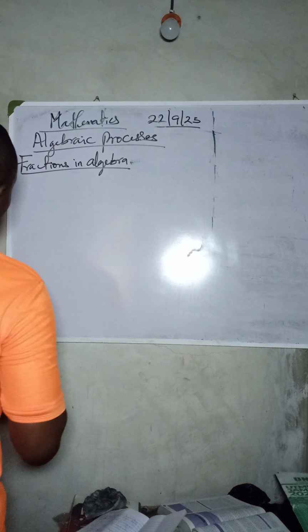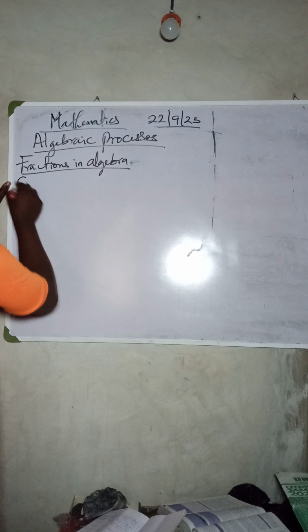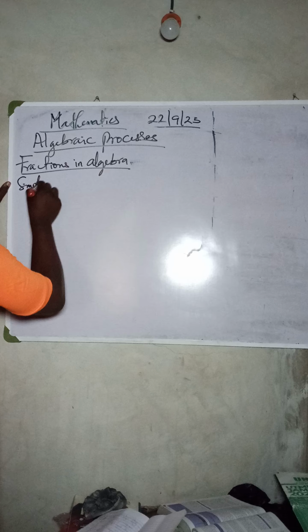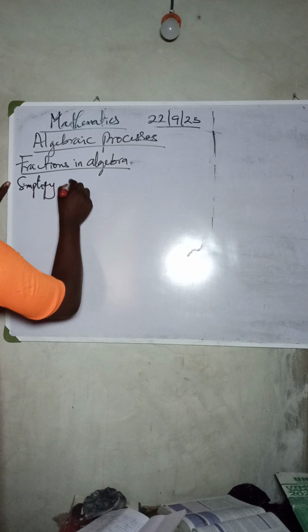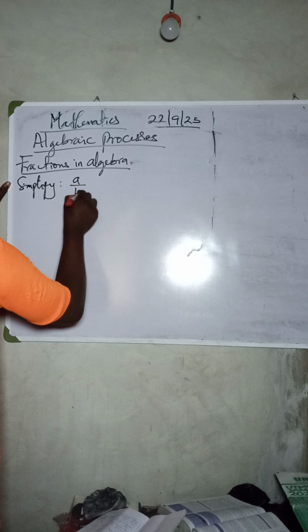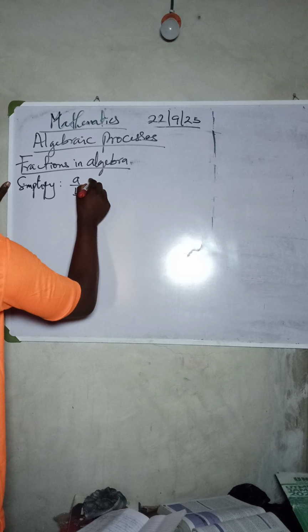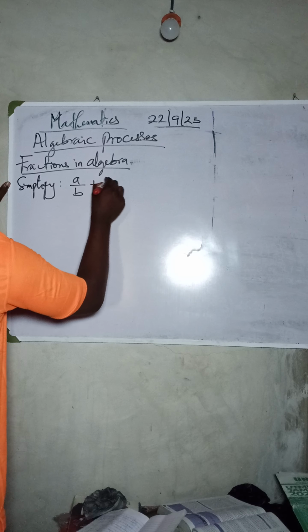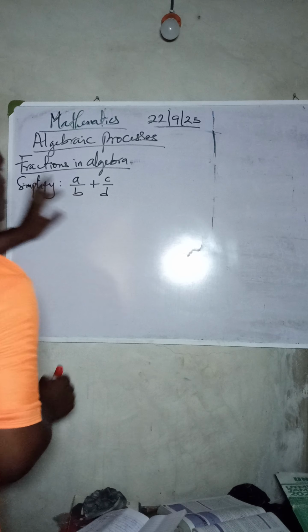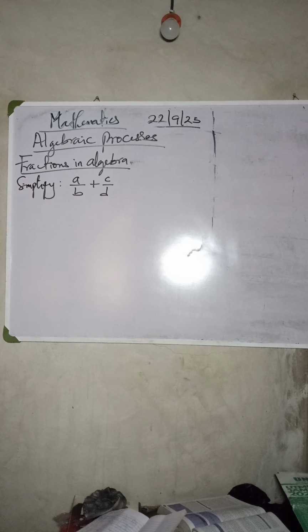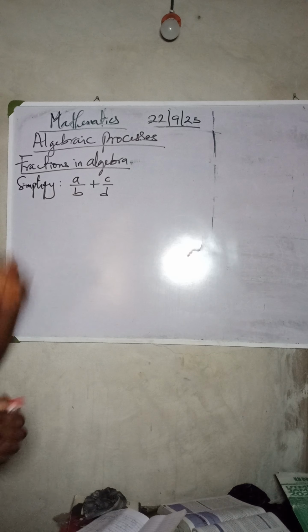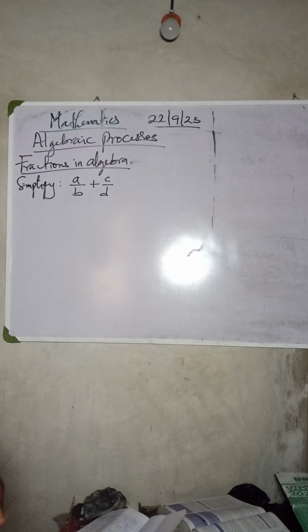Now, we have: simplify A over B plus C over D. This is an expression. Why is it an expression? Because we don't have an equality sign.